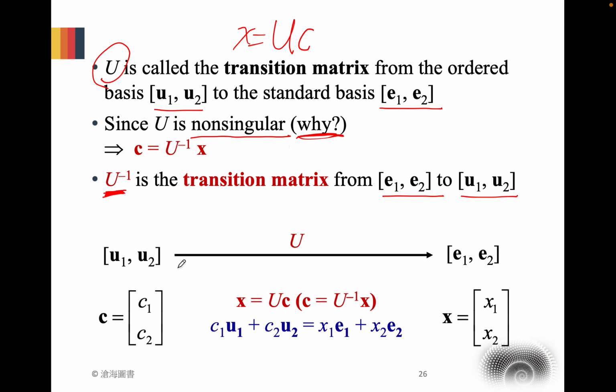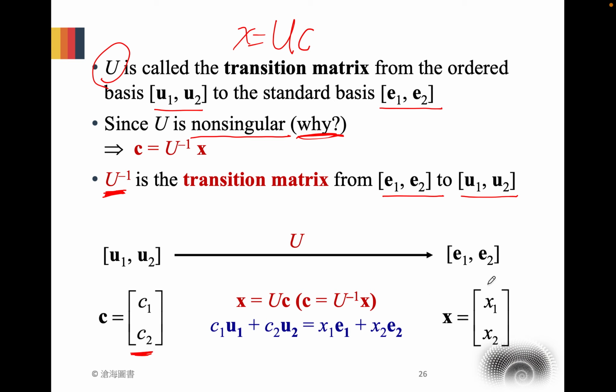So this is an illustration showing this. If we transform from U1, U2 to E1, E2, we rely on the transition matrix U. With respect to the U1, U2 basis, we have the coordinate vector (C1, C2).